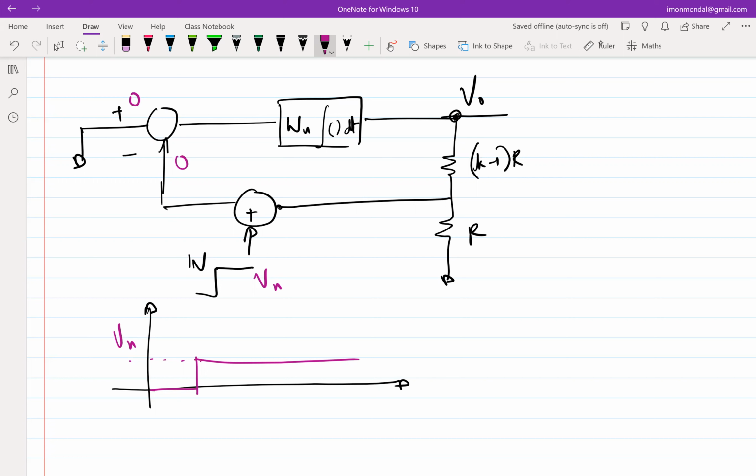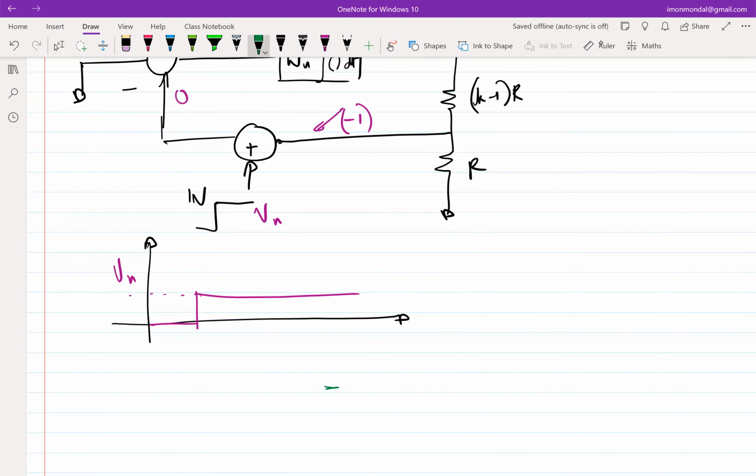If this is 0, what has to be this one? This has to be -1. If this is -1, what has to be V0? Minus k. So at infinite time, it would settle when V0 equals minus k.